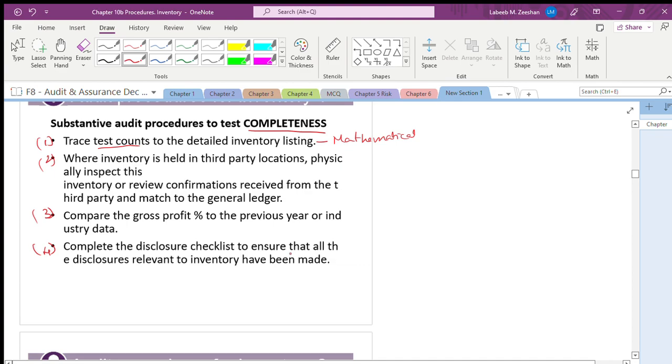When inventory is held at a third party location, you physically inspect the inventory or review confirmation received from the third party. What is the third party? You have warehouses. Most of the time the inventory will be at the warehouse. Sometimes you own the warehouse; nowadays they will give you the space.